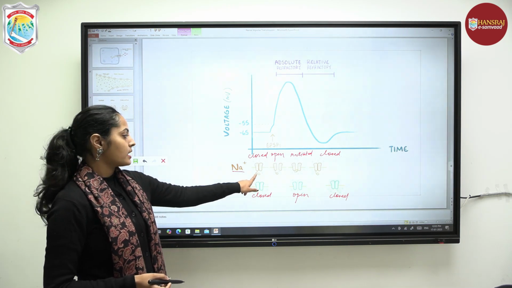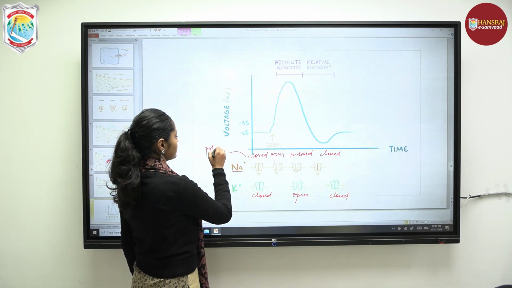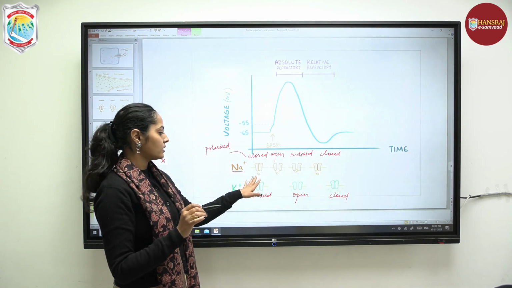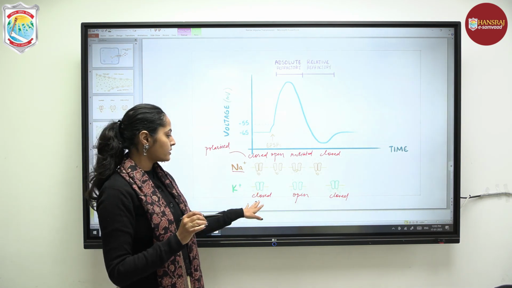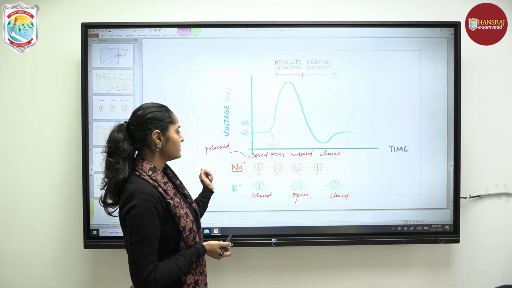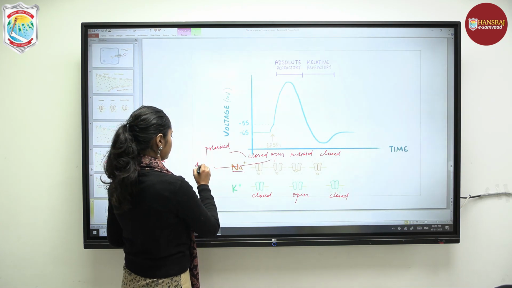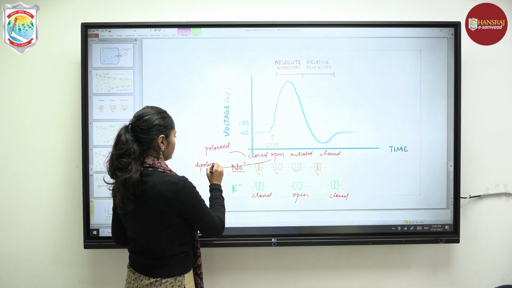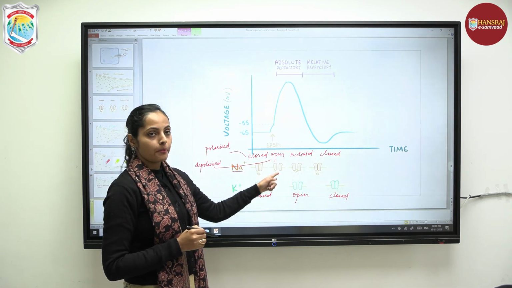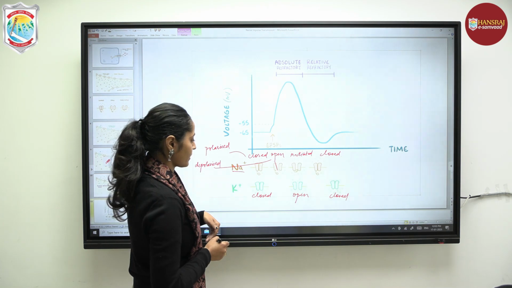So this happens when the membrane is polarized. Voltage gated sodium channels would be closed. Voltage gated potassium channels would also be closed. When the membrane is depolarized, voltage gated sodium channels open and there is rapid influx of sodium ions.